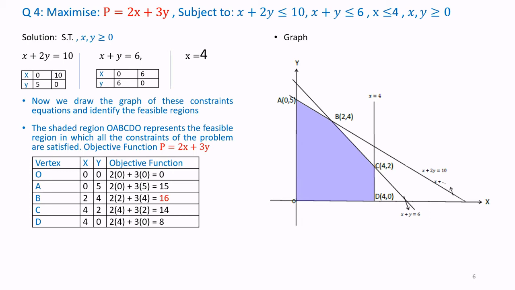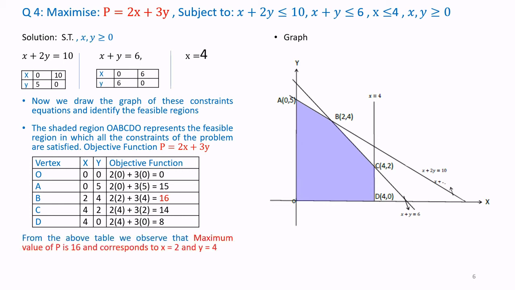These two lines, that is x plus y equals 6 and x plus 2y is equal to 10, you can solve these two equations. At this point, if you put x is equal to 4, y becomes 2. So at C, x is equal to 4, y is equal to 2. So these are what we have calculated.